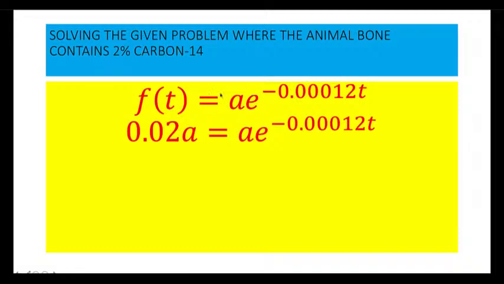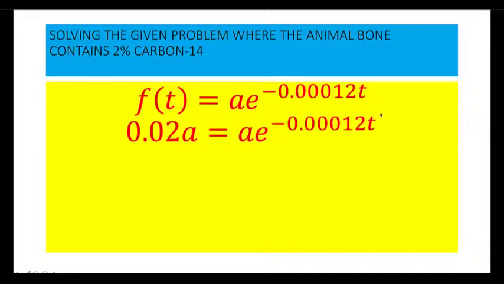So using now our model for the carbon-14 decay function, we have f of t to be 2% of the original amount. The initial amount is A, so we have here 0.02 A, which is the same as saying 2% of the initial carbon at the time of death equals 100% of that initial amount, e raised to our constant that we just derived times t.